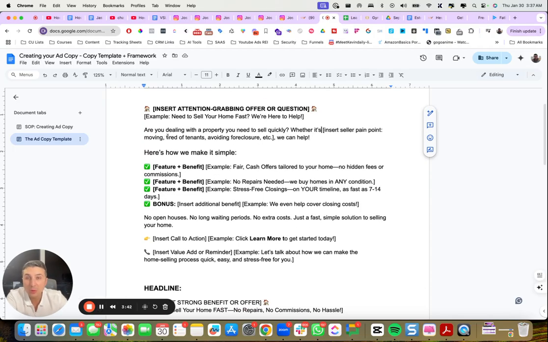Then, continuing the example: are you dealing with a property that you need to sell quickly? Whether it's moving, tired of tenants, or avoiding foreclosure, we can help. Notice that we are avoiding saying you have to move, you are tired of tenants, you are avoiding foreclosure. We're avoiding pointing at them.